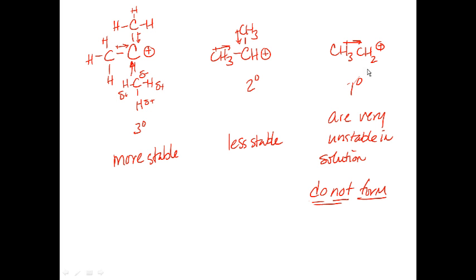Okay, so the tertiary carbocation is more stable than the secondary, and so primary carbocations will not undergo SN1 reactions because they can't form the intermediate that's required in SN1.